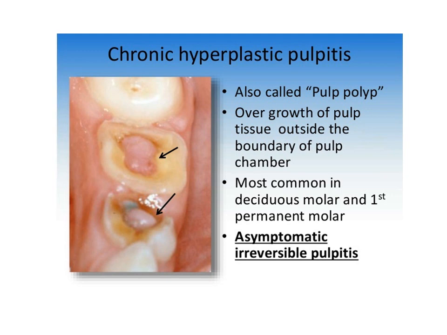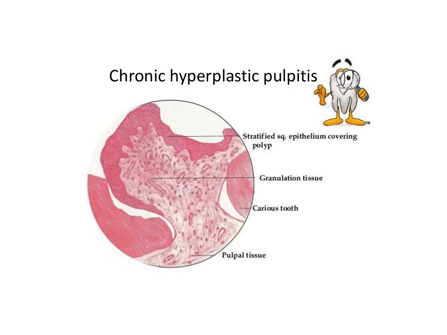Mostly it is seen in the deciduous teeth and maybe in the first molar of a permanent dentition. This is asymptomatic irreversible pulpitis. Maybe he bleeds, but he does not feel pain from the tooth. So it's just the granulation tissue that extends outside the pulp chamber.